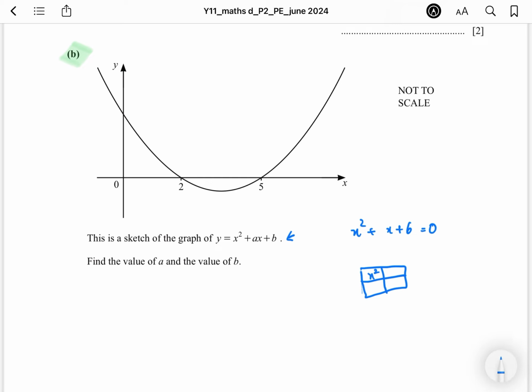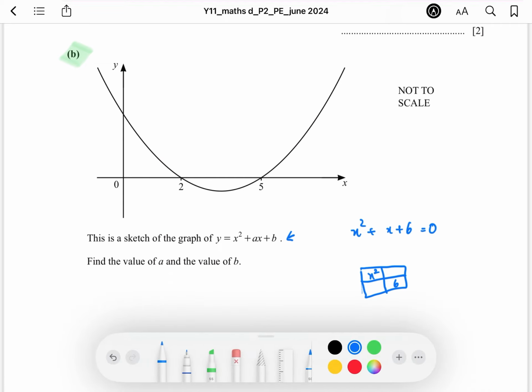So x squared here, 6 here. Should be, sorry, should be minus, okay.